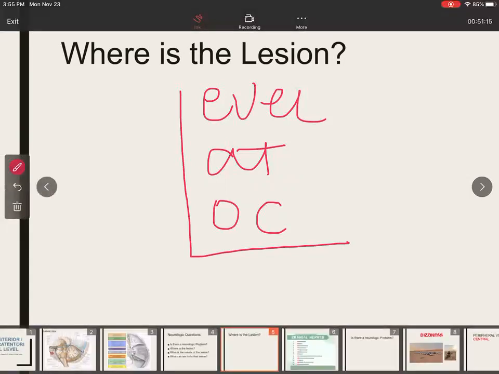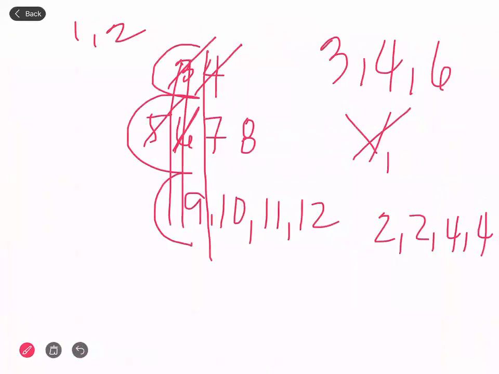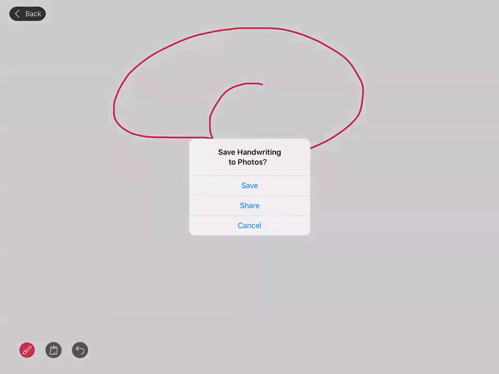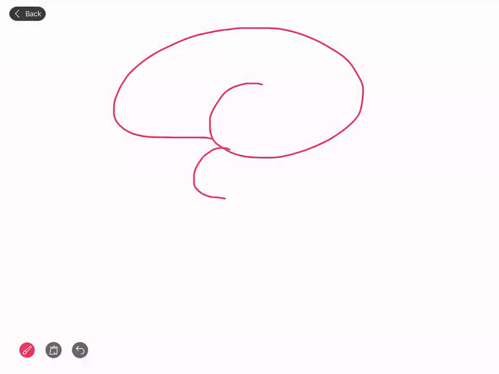Of course, by doing your neurological examination, the cranial nerve examination, the cerebellar signs, the motor testing, sensory testing, etc. So if this is the cerebrum, we have here the brainstem: this is your midbrain, the pons, and then medulla.